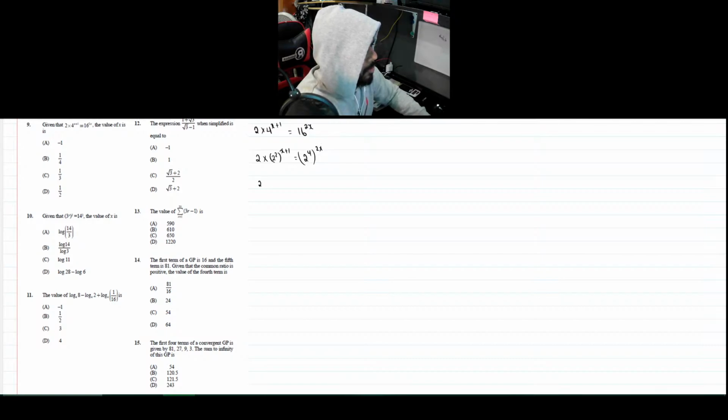That is 2 to the power 1 plus 2x plus 2 is 2 to the power 8x. Equate them. 3 plus 2x is equal to 8x. 8x minus 2x is equal to 6x. X is equal to 3 over 6, which is a half.